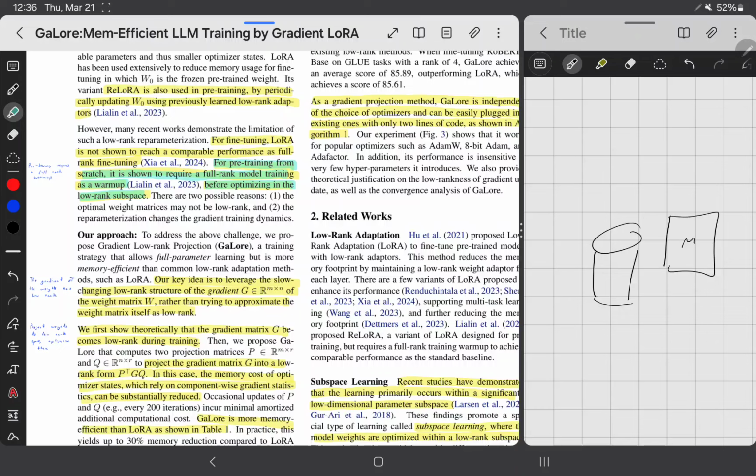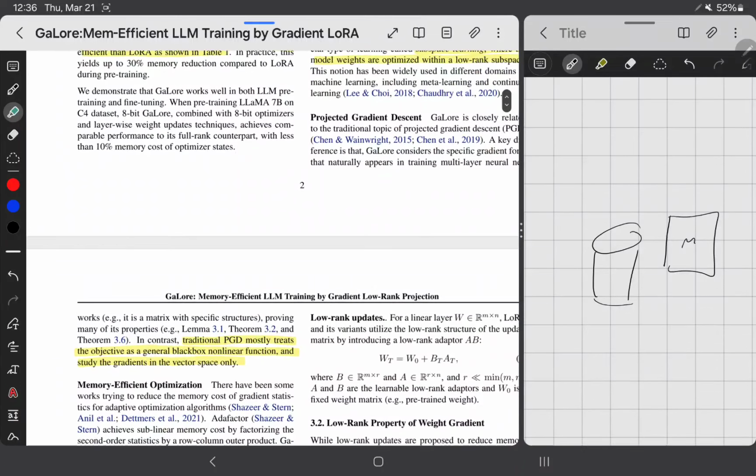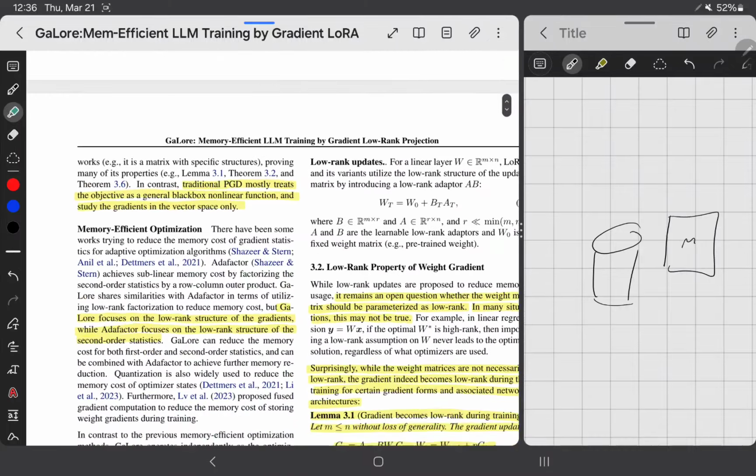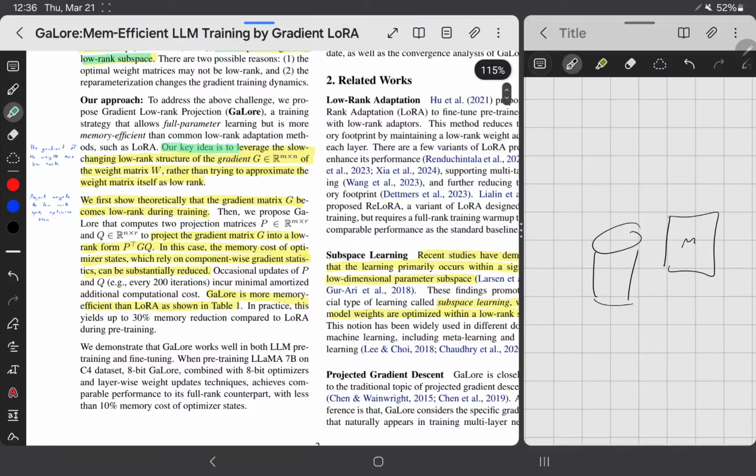But they basically say that if you need a full rank matrix, then you can't really get your low rank approximation even from the beginning of training. So instead of using low rank weight matrices, they use low rank gradient matrices. They say, our key idea is to leverage the slow changing low rank structure of the gradient of the weight matrix rather than trying to approximate the weight matrix itself as low rank. So that's the big idea.